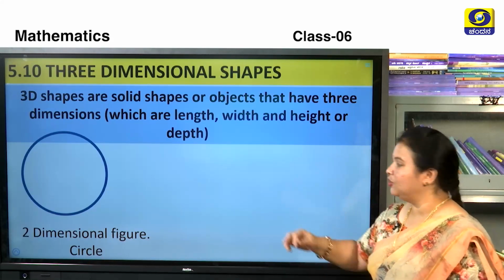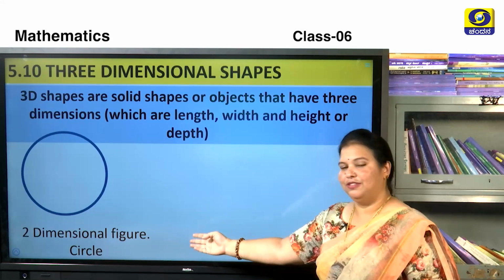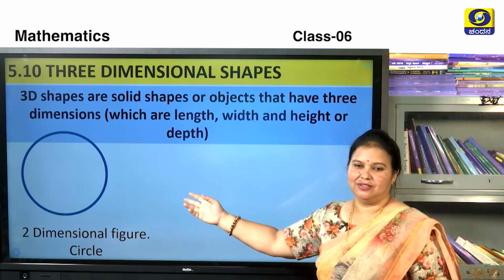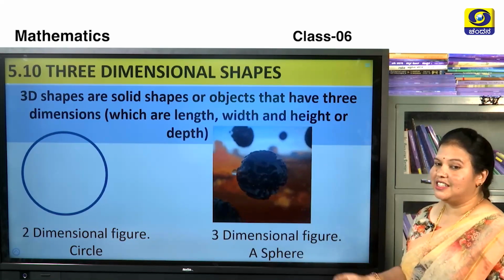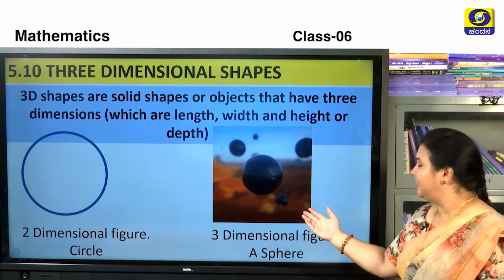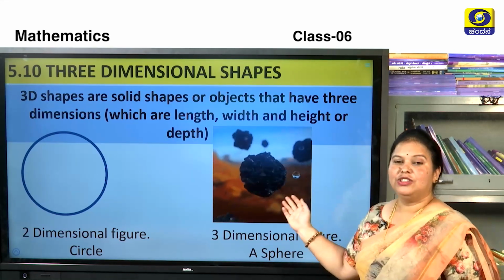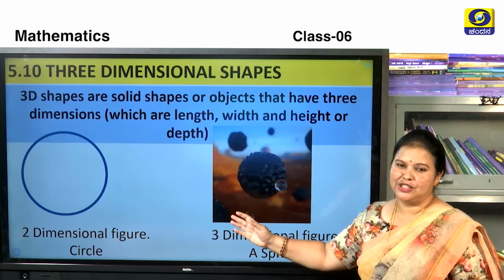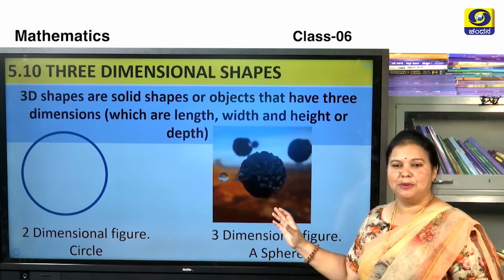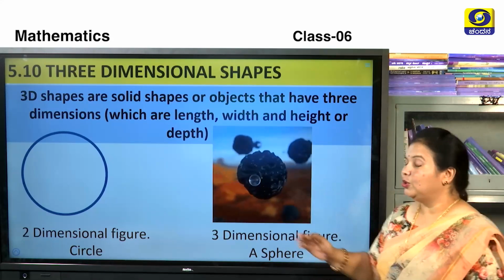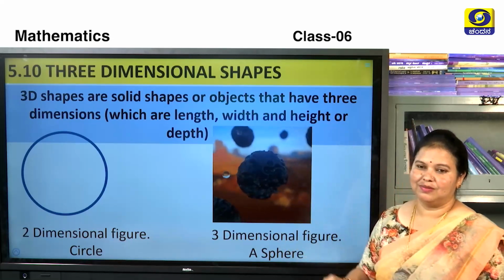Children, here you observe it's a two-dimensional figure and it is a circle, and here it's a three-dimensional figure and it is a sphere. You can observe and compare the size, shape, height of this 2D and 3D figure.